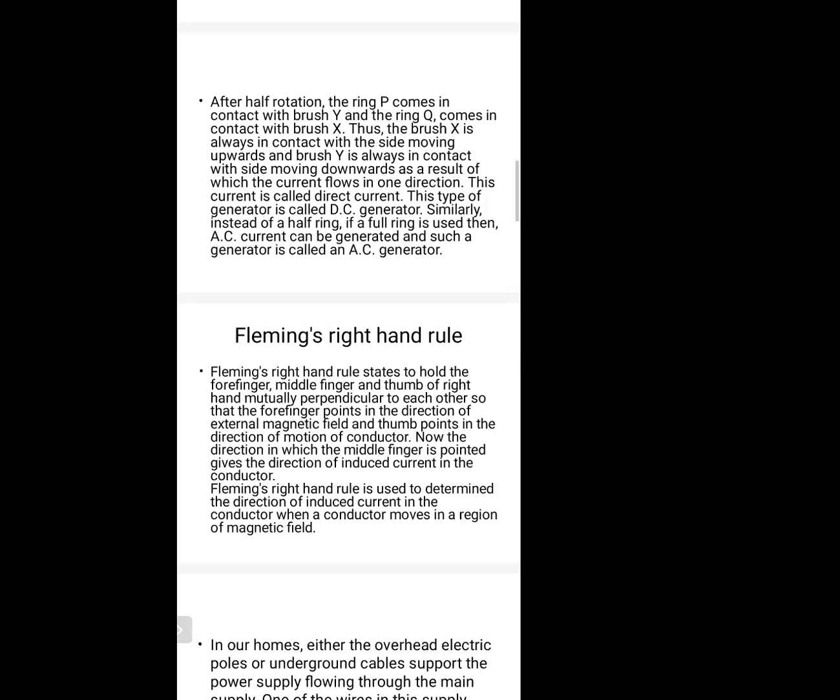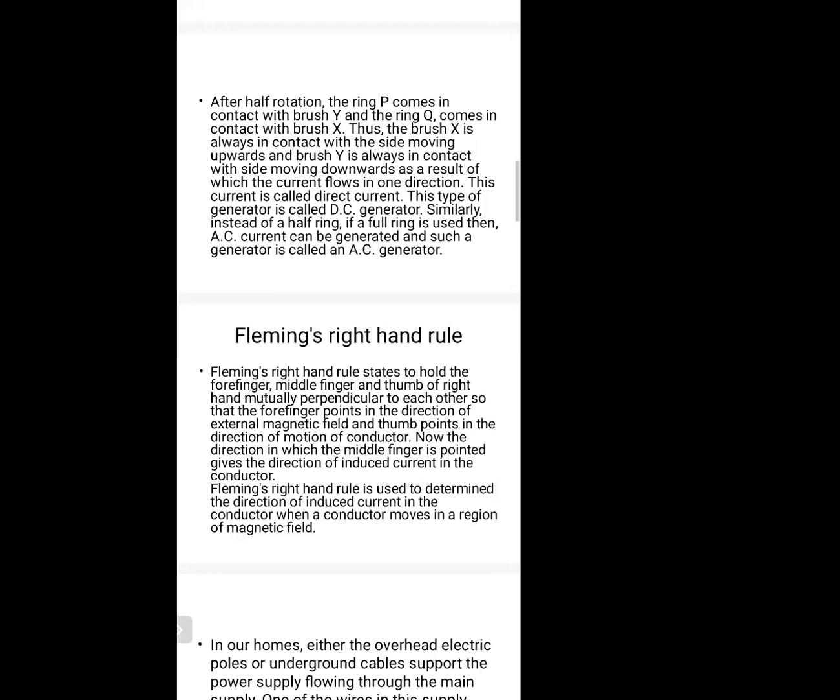Those remain the same, only the direction of current changes. It is opposite to the left hand rule. All directions get opposite. Am I clear? No further confusion. All things remain the same, only the direction gets opposite in the case of a generator. Am I clear? Yes, ma'am.